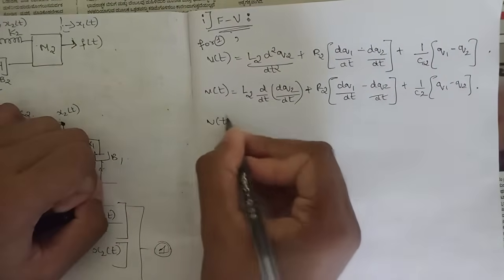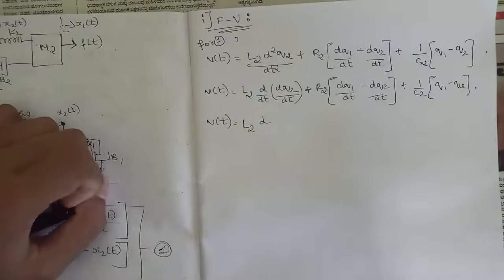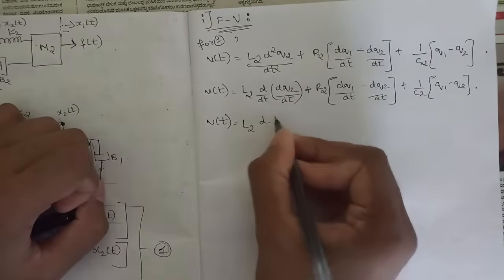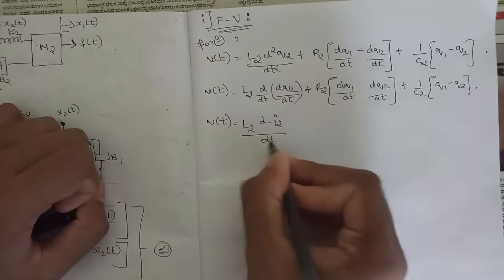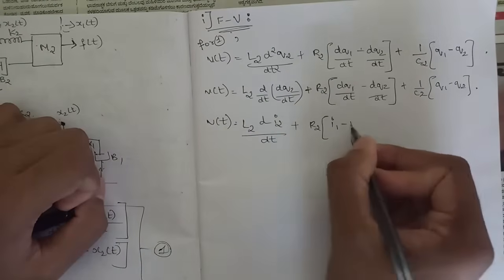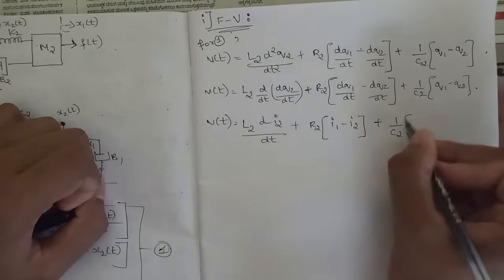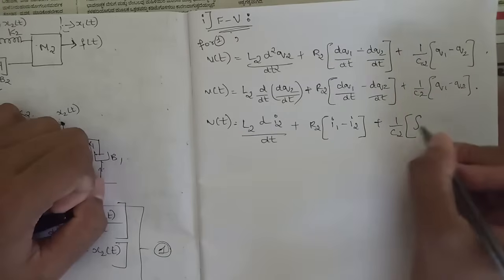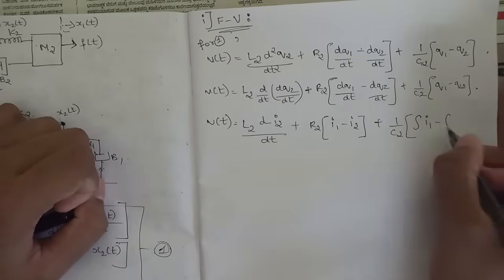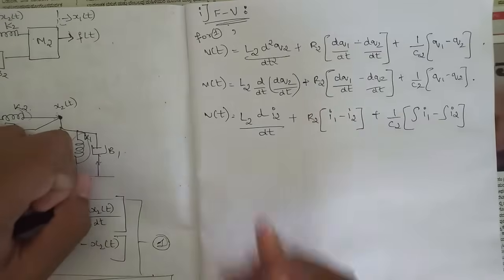So now V of t is equal to L2 into dq by dt is I, right? So since we have q2, it would be di2 by dt plus r2 into I1 minus I2 plus 1 by c2 into, since we have q1, q1 corresponds to integration of I1, right? q2 corresponds to integration of I2.